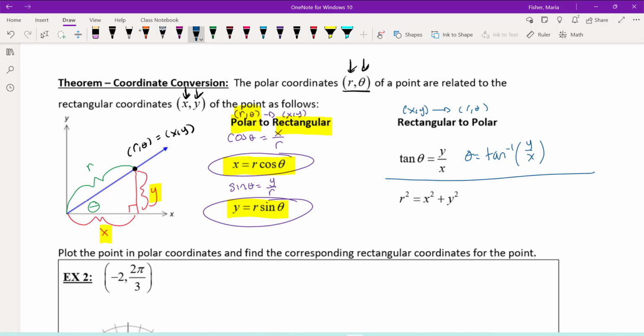When you're finding theta, you're going to need to check that the angle you get from this formula matches the quadrant your point lies in.